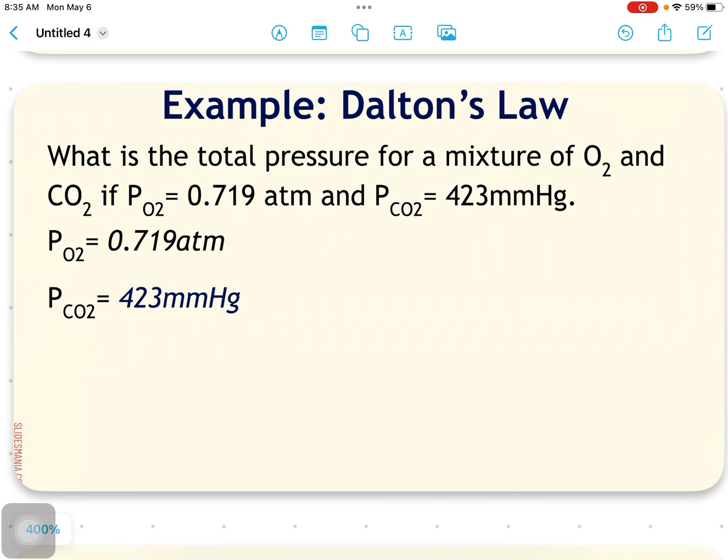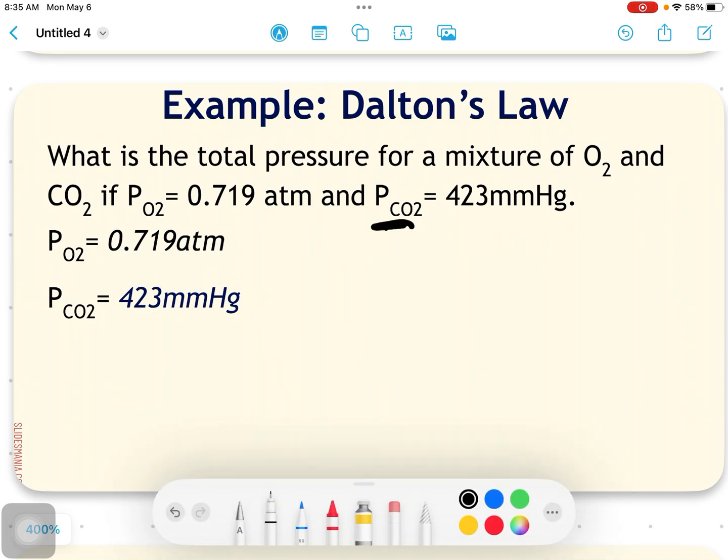What is the total pressure for a mixture of oxygen and carbon dioxide if the pressure of O2 is 0.719 atm, and the pressure of carbon dioxide is 423 millimeters of mercury? These don't match. Oxygen's pressure is in atm, and carbon dioxide's pressure is in millimeters of mercury, so we need to convert them to match.